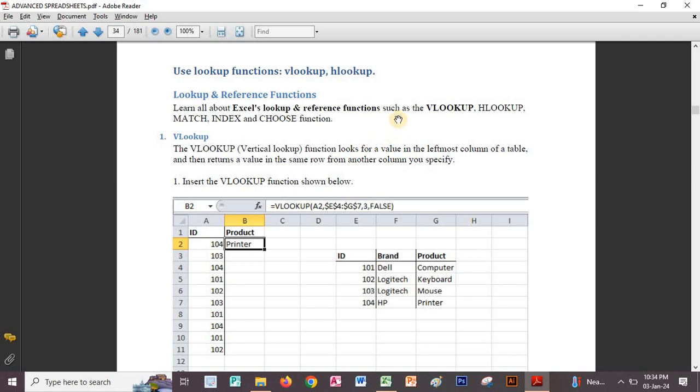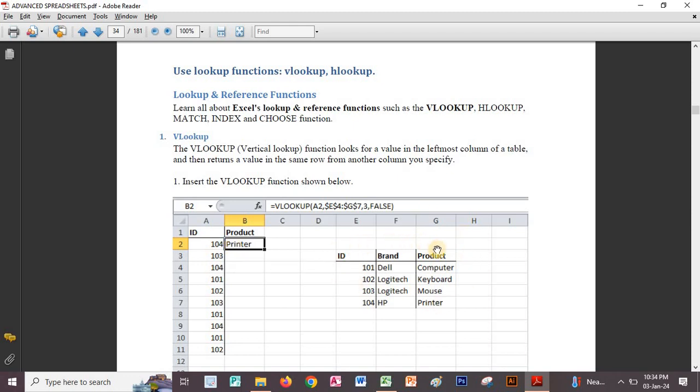Lookup functions look for a value in the leftmost column and return a value in the same row from the other group.